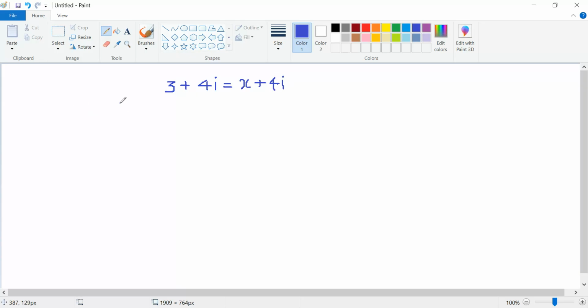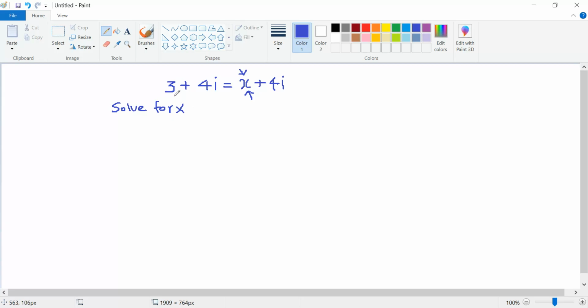If you are asked to solve for x, which means we are asked to find the value of x that makes this equation true, then for 3 plus 4i to be equal to x plus 4i, what should be the value of x?